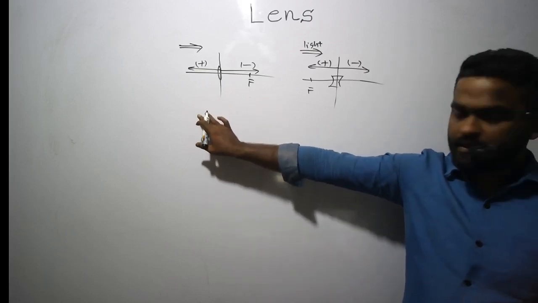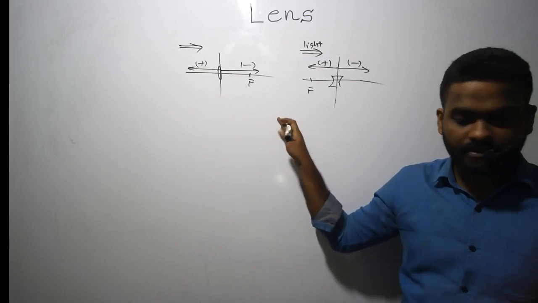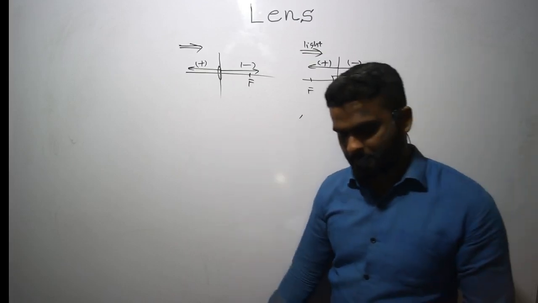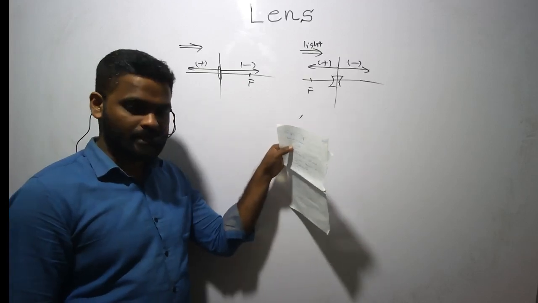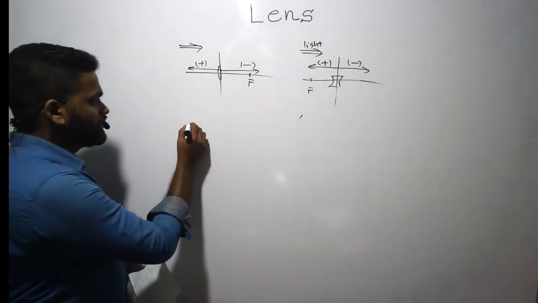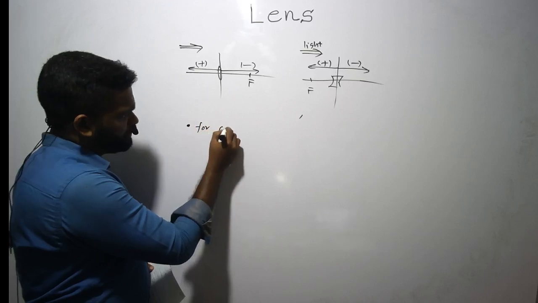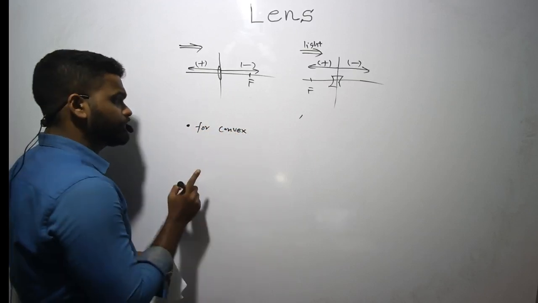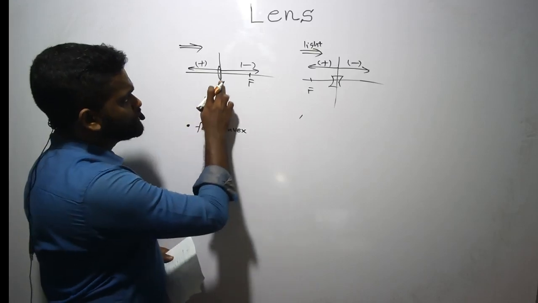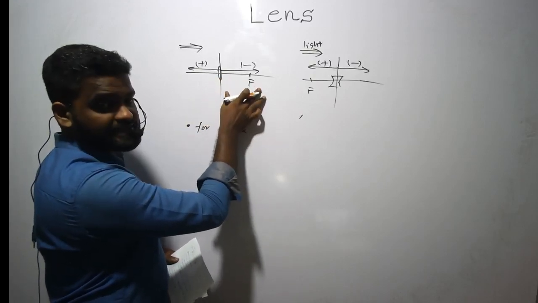Then below this, according to sign convention, first point, for convex, so you can see convex lens, focal length is negative, right?